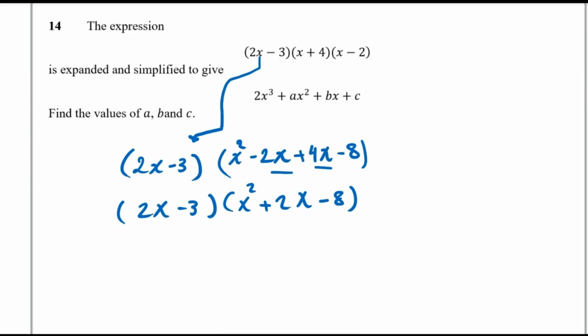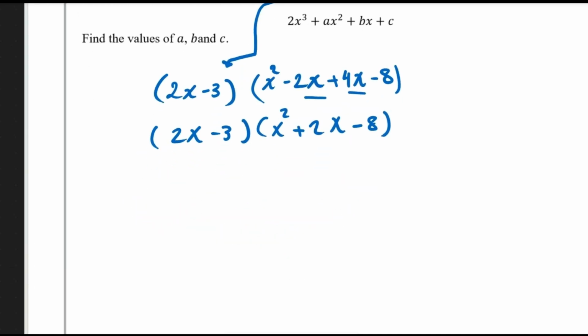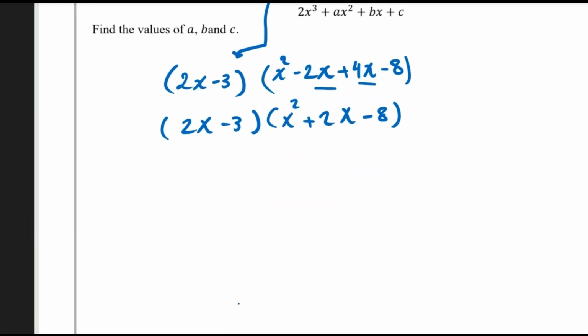So now what we are going to do is the same approach here. 2x will be multiplied by this term, then by this term, then by this term. And then minus 3 multiplied by each term again, minus 3 this term, and then the last term. So let's write this one. 2x times x squared would be 2x cubed.